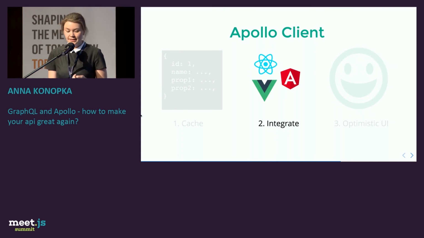What is more, it integrates easily with all of the popular frameworks like React, React Native, Angular, or Vue. And you can also use it with vanilla.js solutions, so it's for everyone.